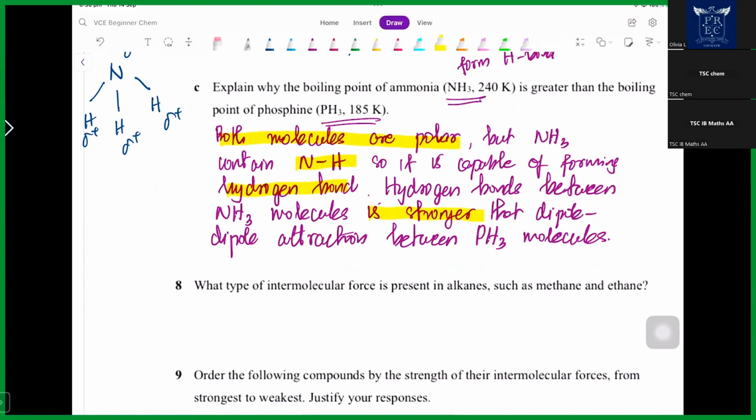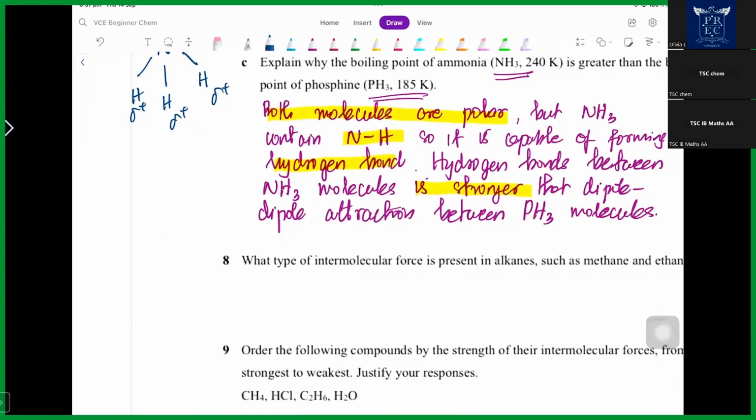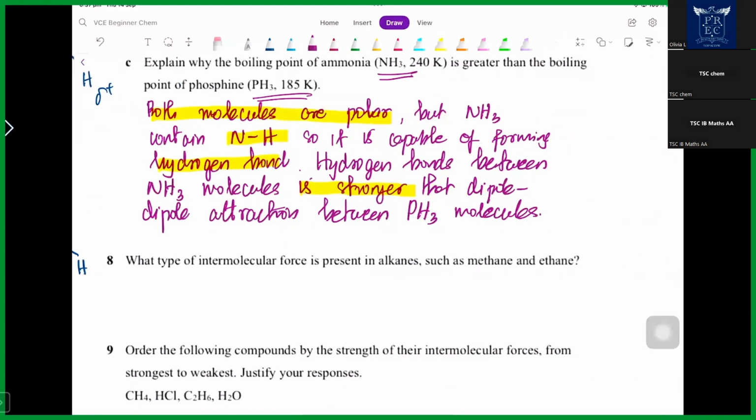Yes, of course, C and H have a difference in electronegativity. However, their shapes are balanced. Remember the shape of methane is something like this, which is balanced. Even though the bonds are polar, because of the balanced shape, the molecule is non-polar. Same thing for ethane. So methane and ethane are non-polar.